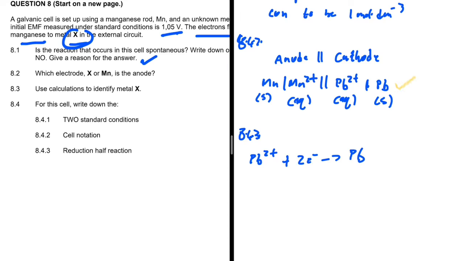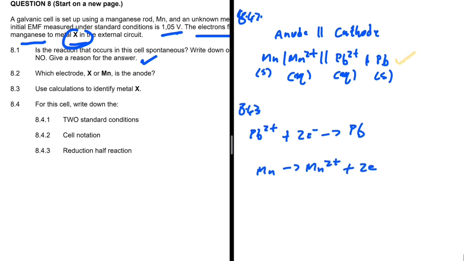If the question was looking for the oxidation reaction, we would have Mn giving off 2 electrons to become Mn to the 2 plus. We can combine these two into the overall cell reaction: Mn plus Pb to the 2 plus gives us Mn to the 2 plus plus Pb. This will be the overall cell reaction.